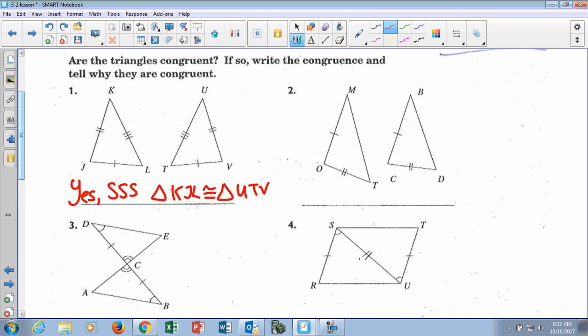Would you say triangle in number 2 is triangle MOT congruent to BCD? Someone said no right away. Why? Why did you say no? Braden, why did you say no? Come on, something didn't look right to you. It only had like 2 of the sides. Okay, well, it has 2 sides, right? But also, look at the lengths of those sides, right?